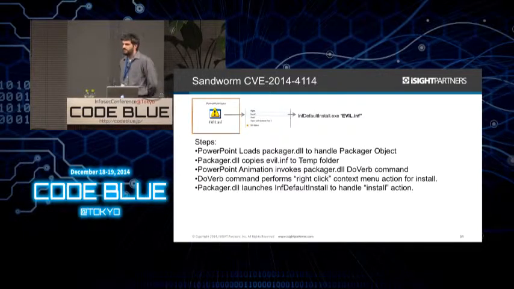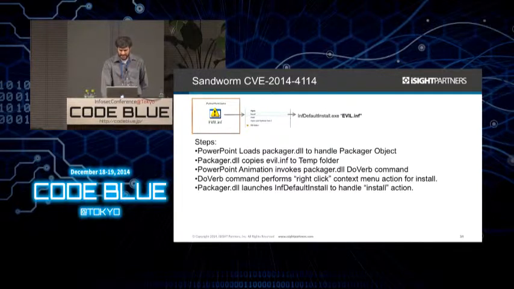This do-verb command is associated with doing a right-click context menu for an INF file. The right-click do-verb action was to do the second one in the list, which is to do an install. When you right-click an INF and click install, it launches INF default install and uses that user-controlled INF file. And at that point, you've got code execution because it's running the attacker's code.